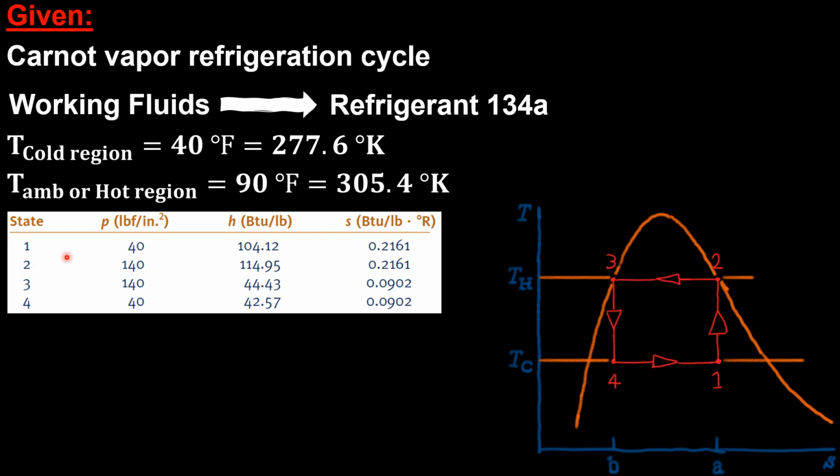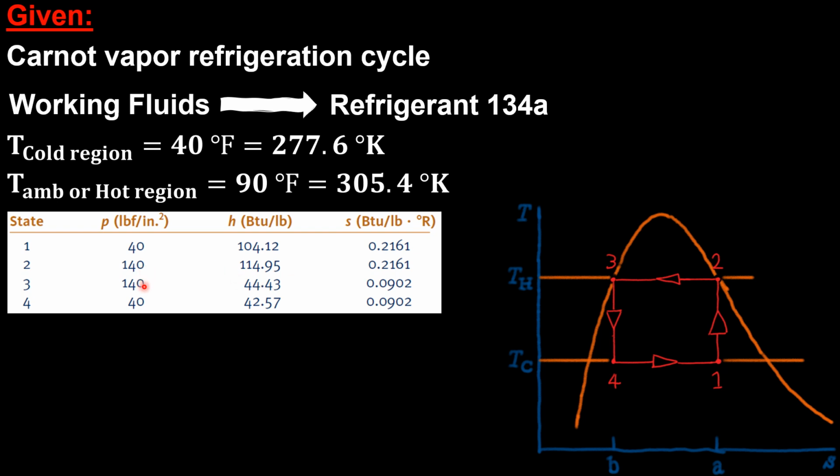So from state 1 to state 2, this is a compressor. So what does the compressor do? The compressor increases the pressure. As you can see from this table, it was 40, it became 140, and it increased the temperature. So that is why the enthalpy value increased from 104.12 to 114.95. Then this working fluid enters the condenser from state 2 to state 3 at a constant pressure.